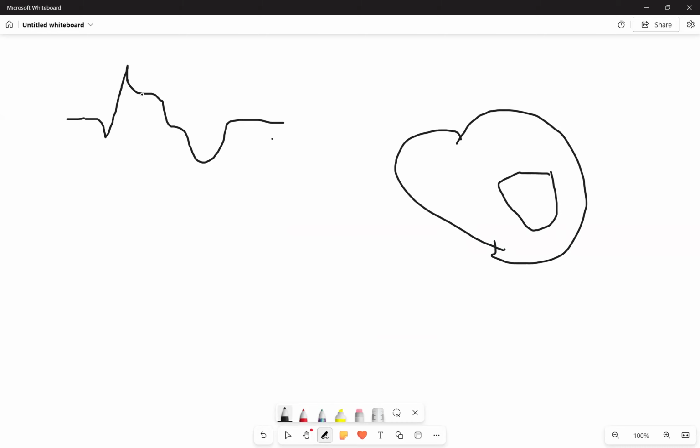So when you see this ST elevation, that means the entire thickness of the ventricle died. This whole thing here, the entire muscle, is dead. Can something dead come back to life?